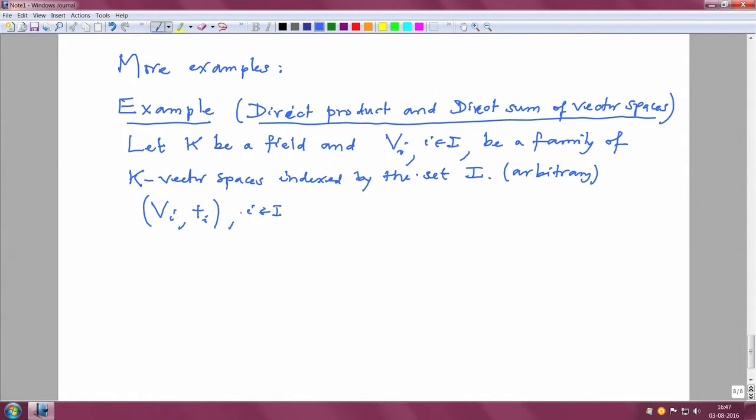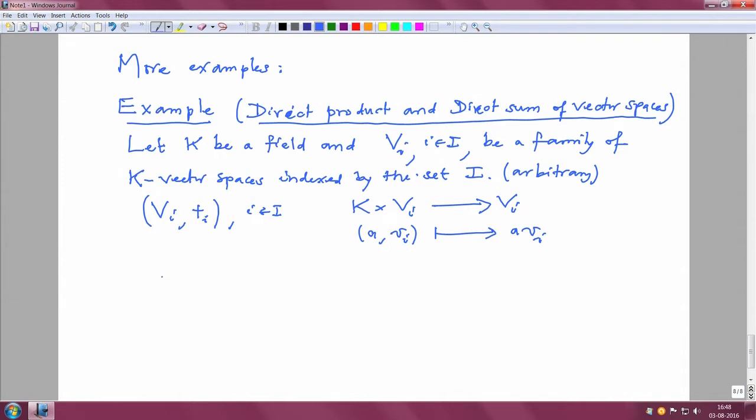These are abelian groups, and each of them has a scalar multiplication. Each of them has a map from K cross Vi to Vi. These are called scalar multiplication. And let me remind you that we are denoting it the same, a comma v going to av. So, it is clear when we write a scalar multiplication which vector space we are doing the scalar multiplication in.